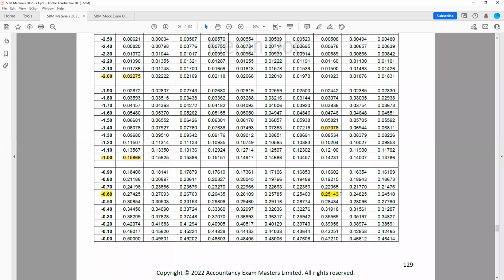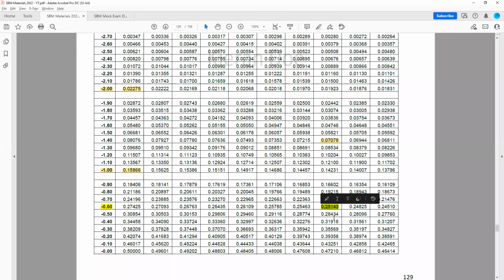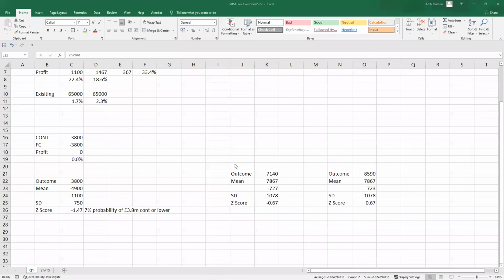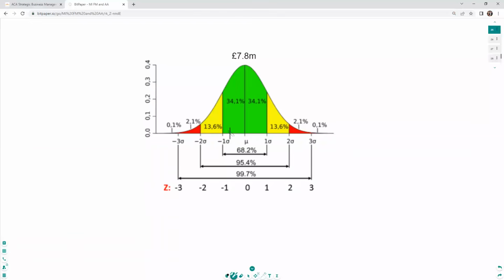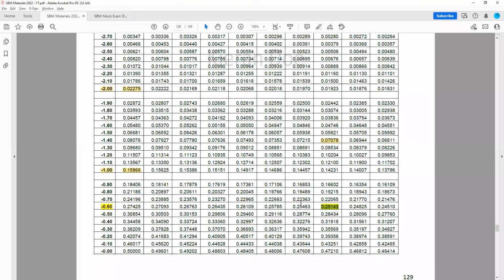0.67 is one we've used as one of our hypothetical examples. We can see the probability of it being 0.67 standard deviations away from the mean or lower is 25%.